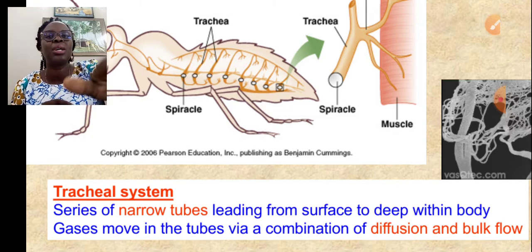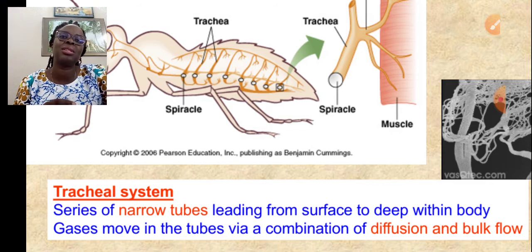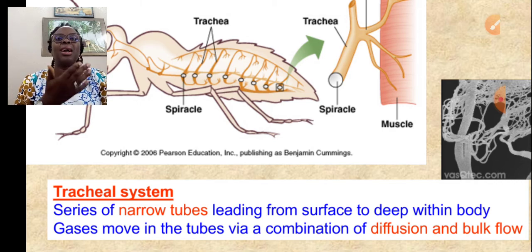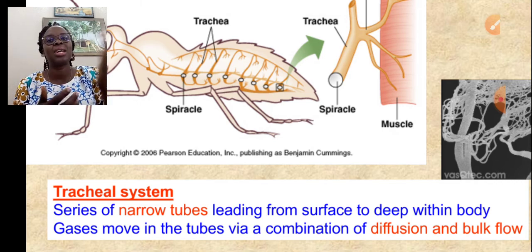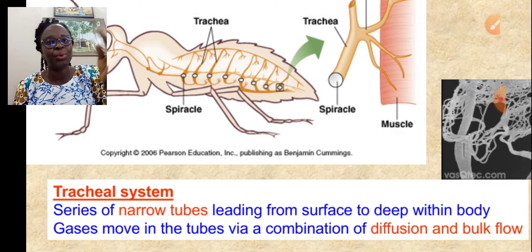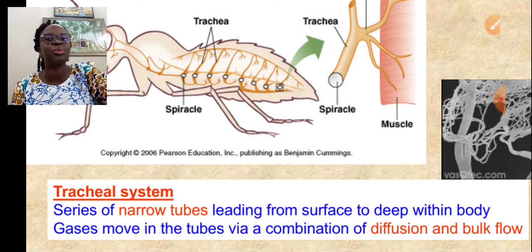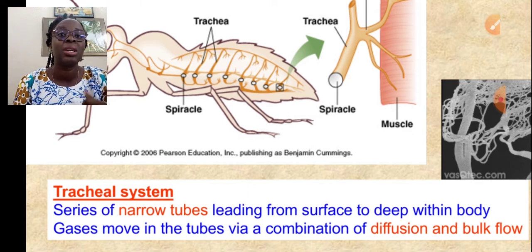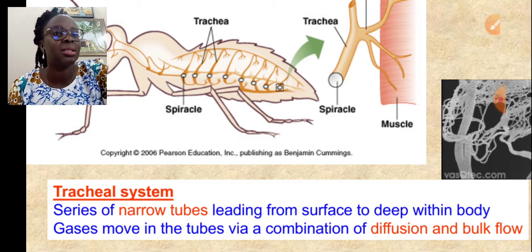So through the spiracle, oxygen enters into the insect, then goes into the tracheal system. There is exchange of gas within the fluid of the insect, and carbon dioxide is brought back through that medium. Then from the spiracle, carbon dioxide leaves the body of the insect.